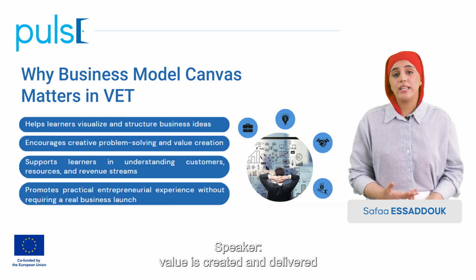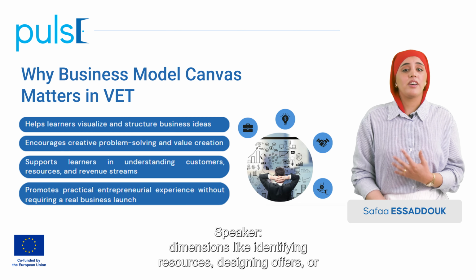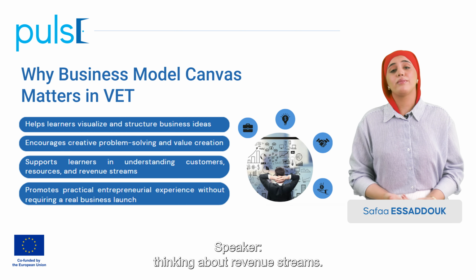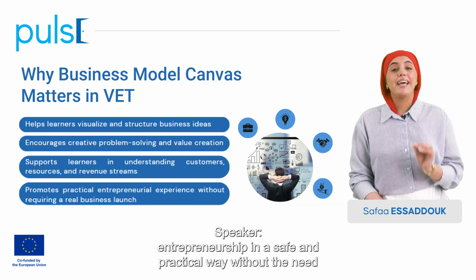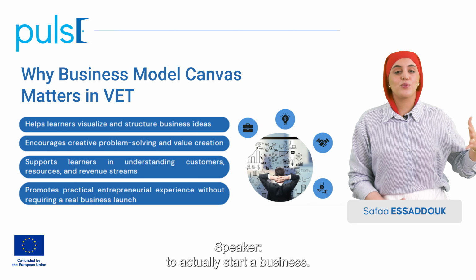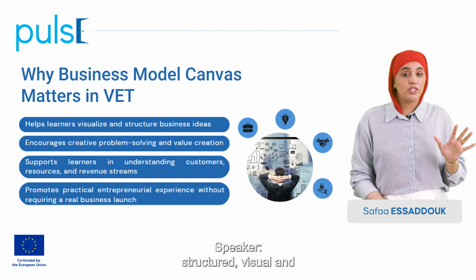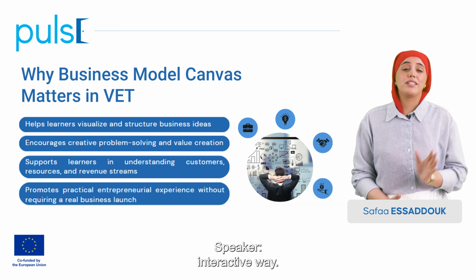It also encourages them to explore key entrepreneurial dimensions like identifying resources, designing offers, or thinking about revenue streams. Most importantly, it allows learners to experience entrepreneurship in a safe and practical way without the need to actually start a business. So it's learning by doing in a structured, visual, and interactive way.